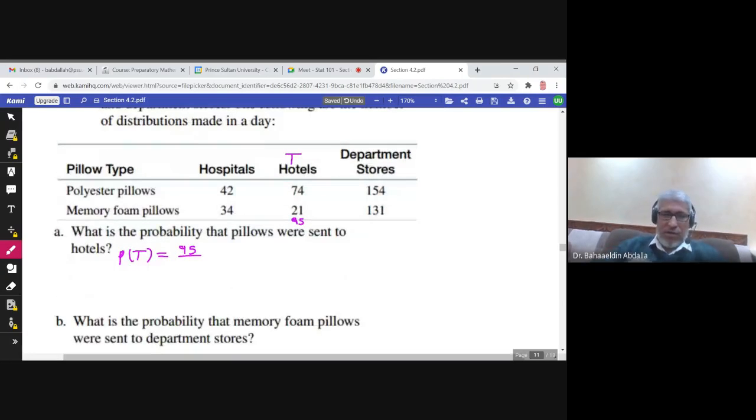So let us find the total number. We add 42 plus 74 plus 154. We have 270 here. And we add 34 plus 21 plus 131. So we have 186 here. And if we add 186 plus 270, we get the total number of pillows, which is 456.